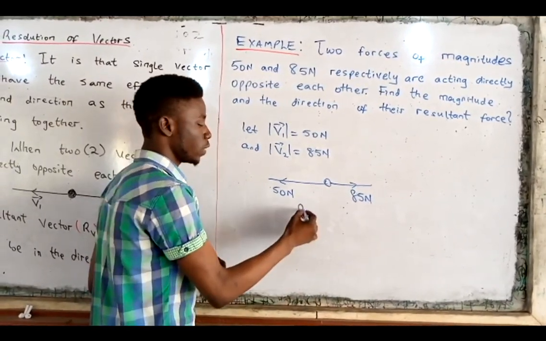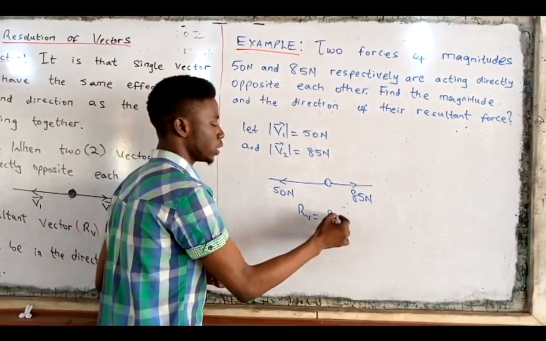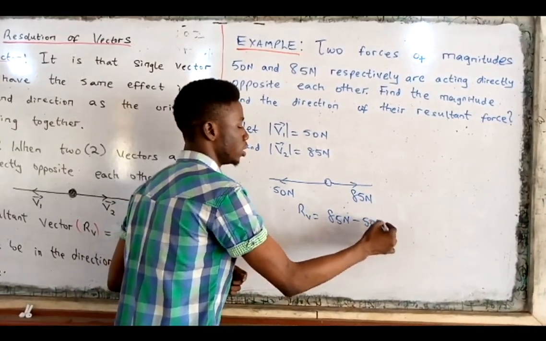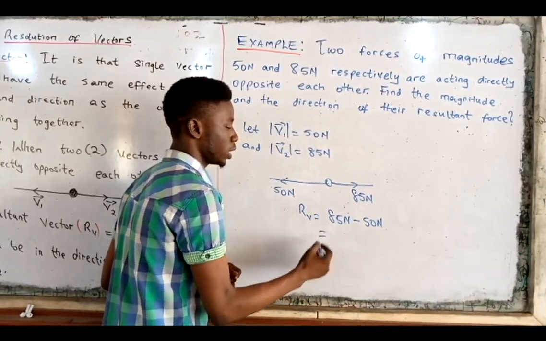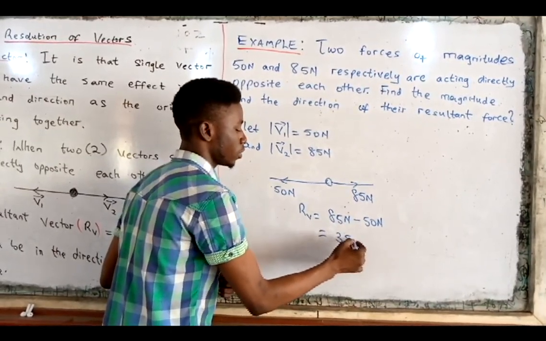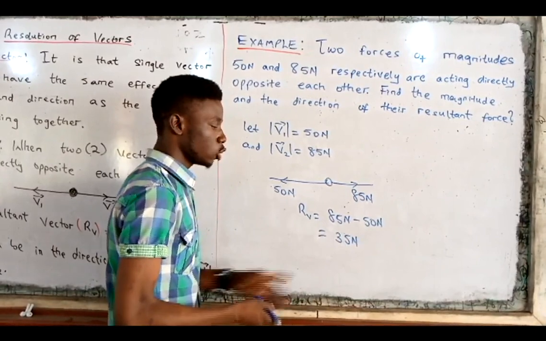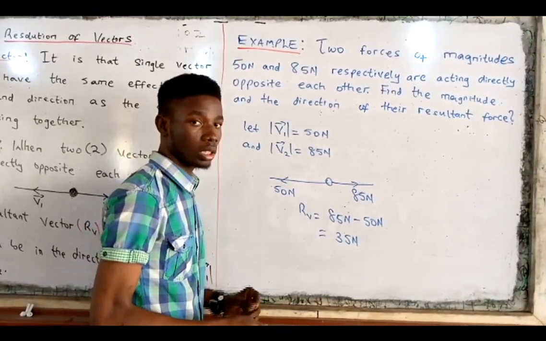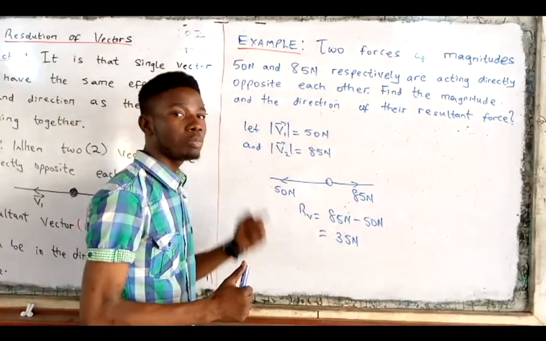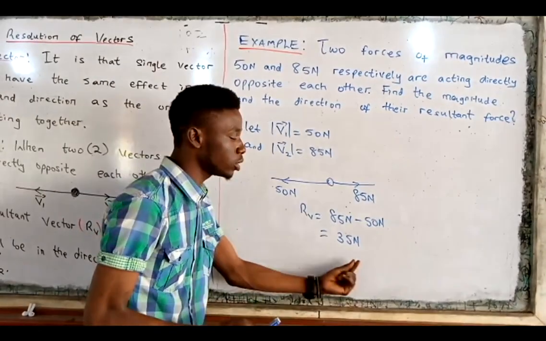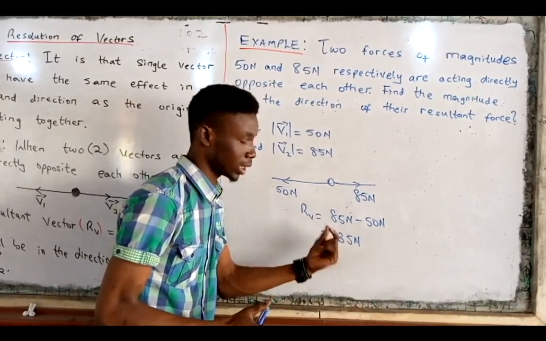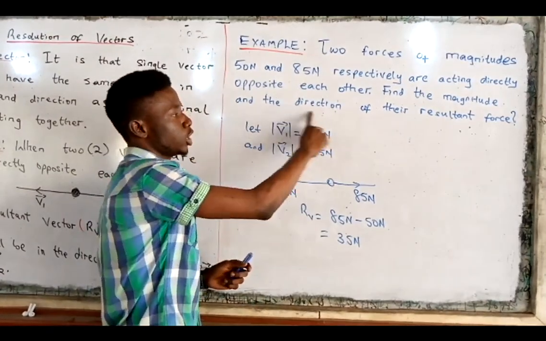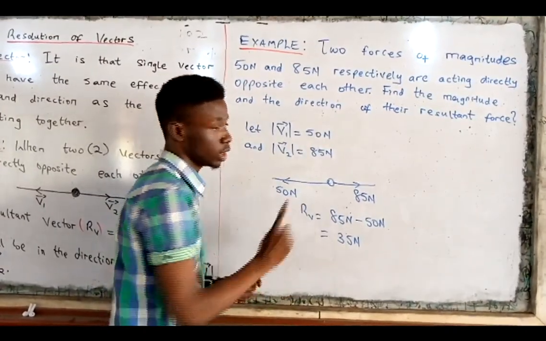Then the resultant vector will just be 85 Newton minus 50 Newton, which will simply give us 35 Newton. This will be the resultant force. That is, the action of 50 Newton and 85 Newton directly opposite each other will be as if 35 Newton force is acting. But now, another thing we need to do is to find the direction in which this 35 Newton is going to act.